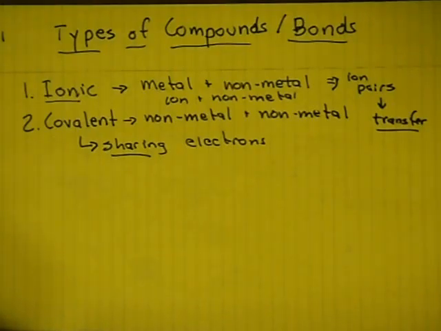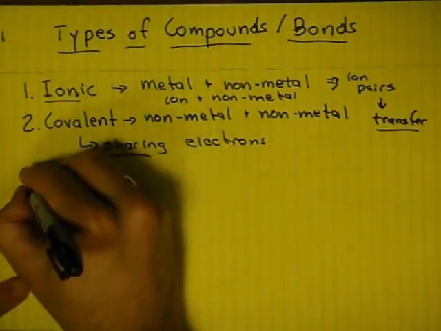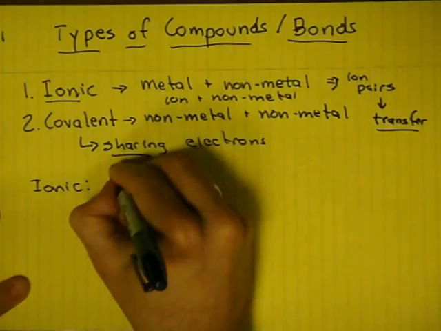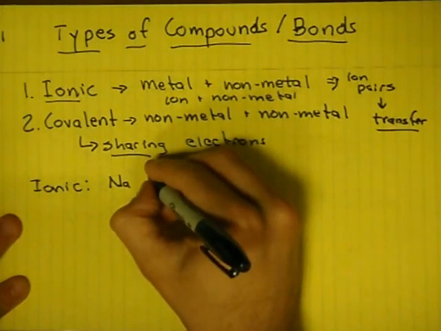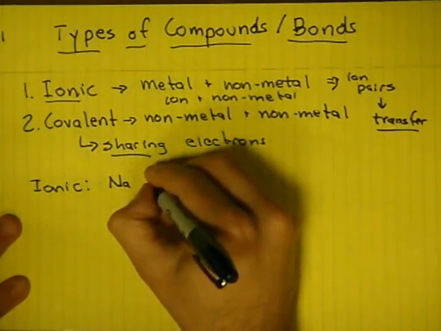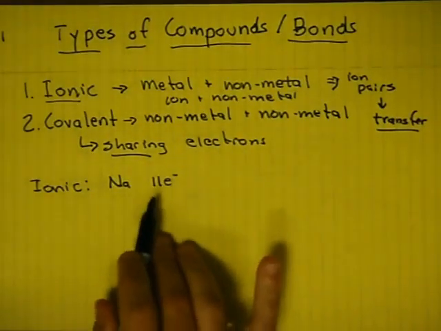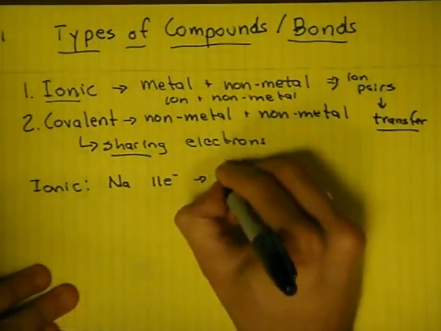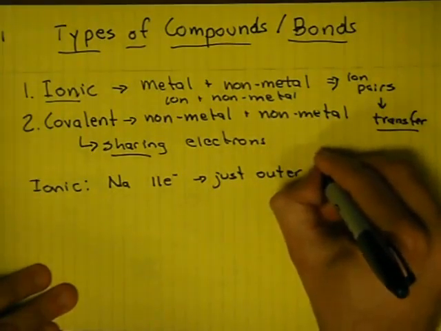So, kind of the simplest example that we can start with for ionic is we'll look at sodium chloride, table salt. And so, sodium, so we'll start with ionic. So sodium is Na, and we see that it has 11 electrons. But as we mentioned before, we're not concerned with all of the electrons, just what's in that outer layer.